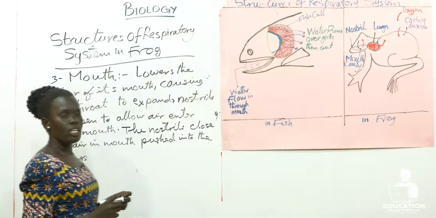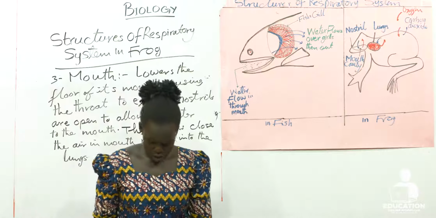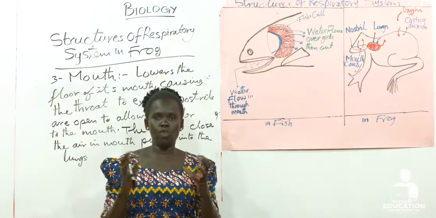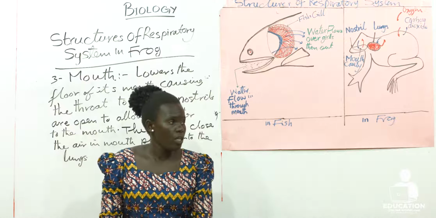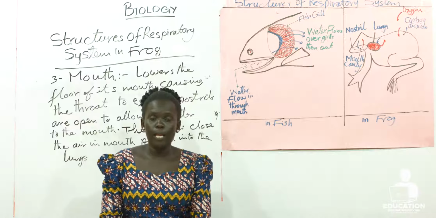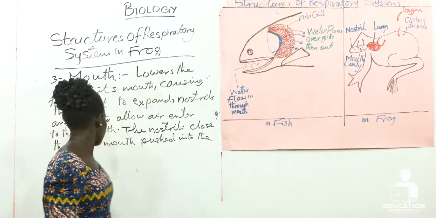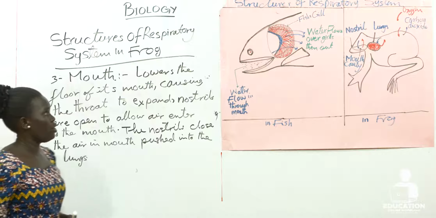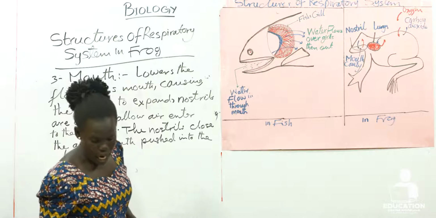This is through the contraction of the floor of the mouth. The floor of the mouth contracts itself so that it can force the air to reach the lungs of the frog. So the fourth structure of respiratory system in frog is the lungs.